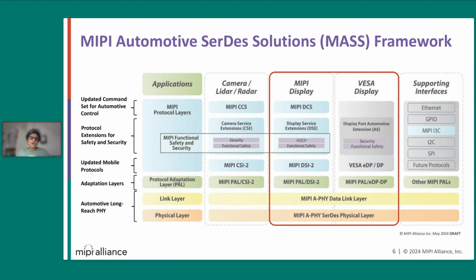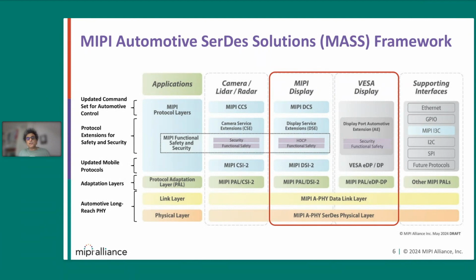Then going up the stack, we have the adaptation layers, for camera and for display, with different types of adaptation, either for MIPI or VESA display, and also a number of other adaptation layers for additional interfaces that we need to use along with the main MIPI camera or MIPI display interface.